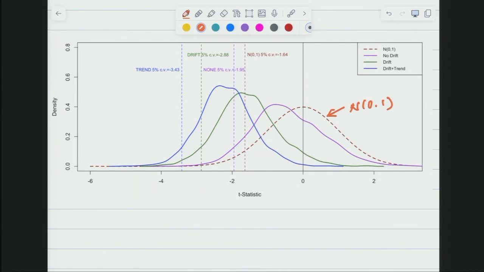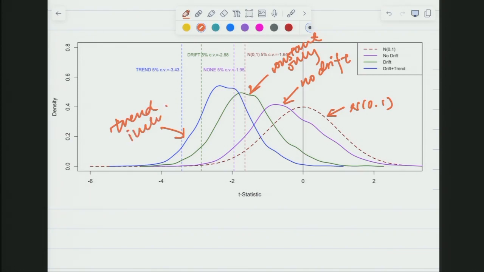Now, the 3 ADF tests: the first one is the one without drift, the purple line, which means no constant. The next one, the green, is the one with a constant only. And we also have the one shifted most towards the left, that is the trend inclusive one, okay?